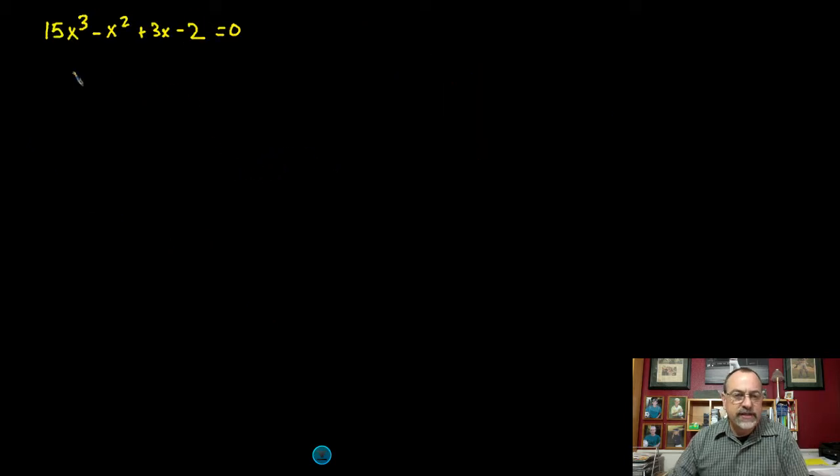So for our final example, we have 15x cubed minus x squared plus 3x minus 2. So I want to begin again by using the fundamental theorem of algebra, or the corollary, and figure out how many zeros I need to end up with. The degree is a 3, so I need to end up with 3 zeros.